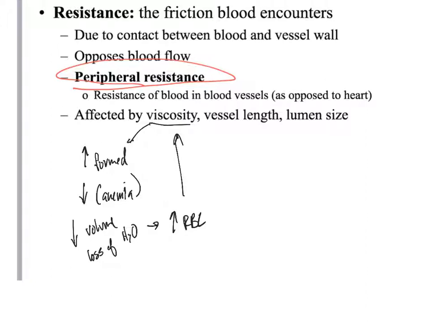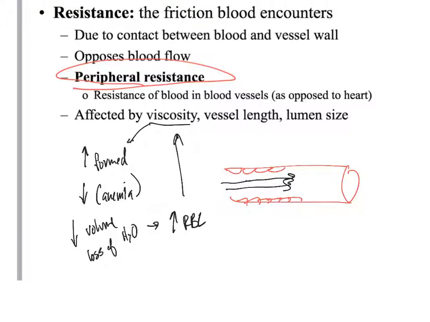Okay, and it also increases friction, because friction occurs along the length of the vessel, along the vessel wall, right here. So as blood is passing through, in the middle they have what's called laminar flow. There's very little friction in the middle.